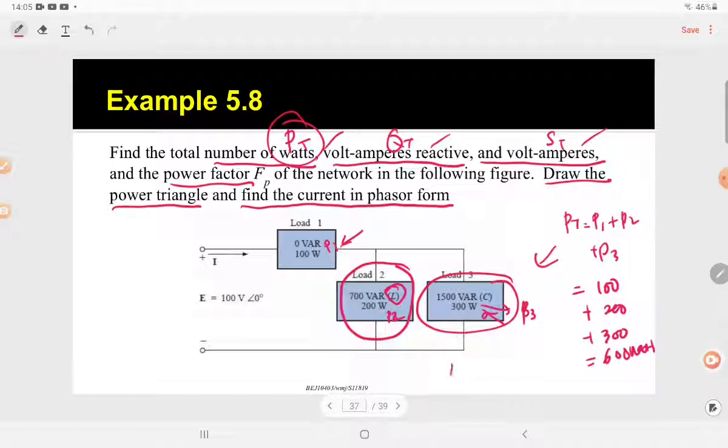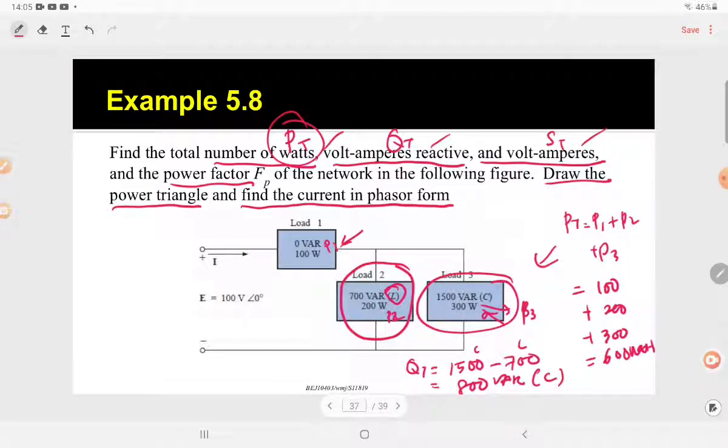If you subtract 1500 minus 700, QT is actually equal to 800 VAR. Because we deduct the inductor from the capacitor value, and the capacitor value is higher, it's still a capacitive load, right? So QT is equal to 800 VAR.